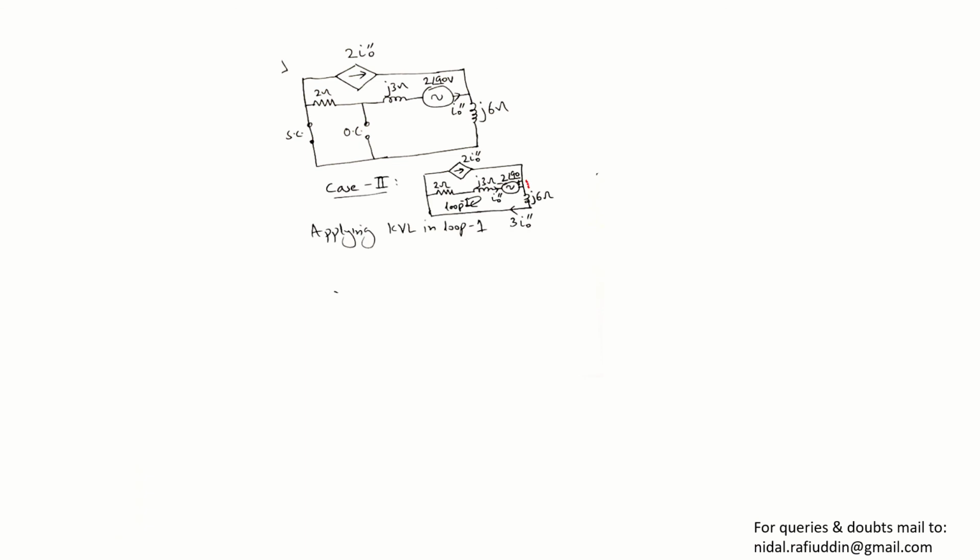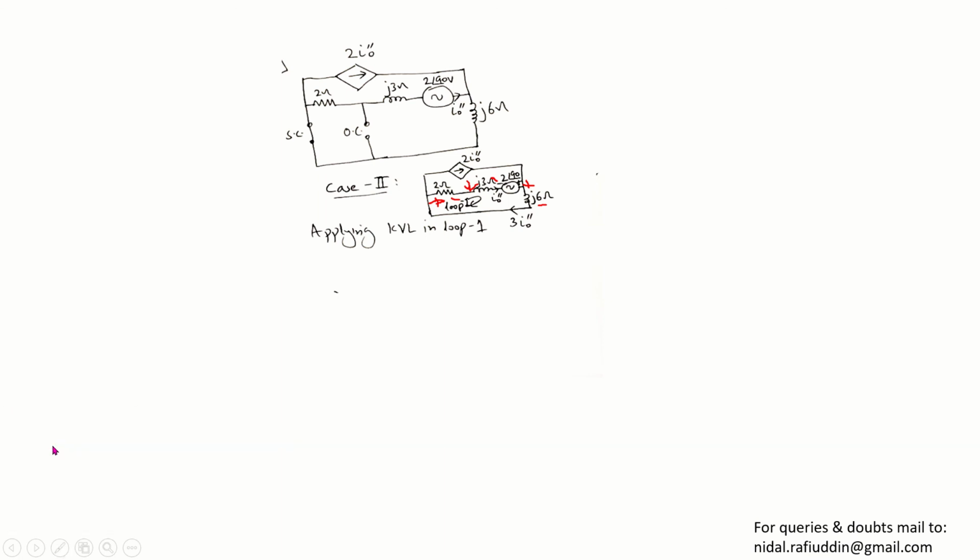This is plus because current in the j6 ohm goes from top to bottom. And if you analyze this circuit, the current that flows in the middle branch is from left towards right. So this is plus and this is minus. Again, this is plus, this is minus, and so on.